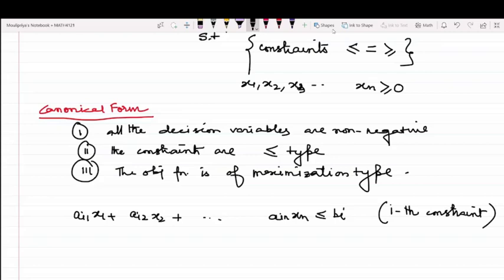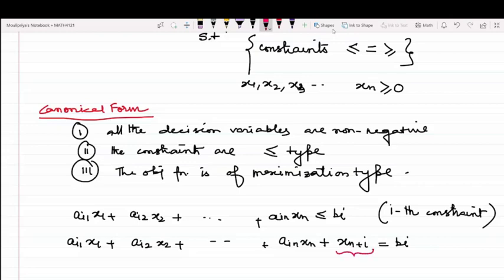By that I mean, suppose I add ai1 x1 plus ai2 x2 plus up to ain xn plus say xn+i equal to bi. Can that be done? We are adding a non-negative quantity towards the left. Can this be done, just from a mathematical point of view?